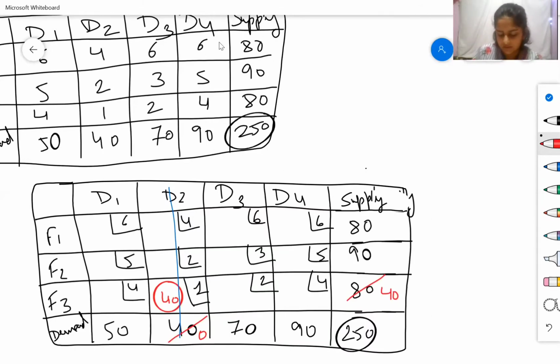Here how much can we allocate? Only 40 can be allocated because supply is only 40. So 40 we allocated. Here it becomes 0 and 70 becomes 30. Now the F3 row has become 0, so we will cancel this out.